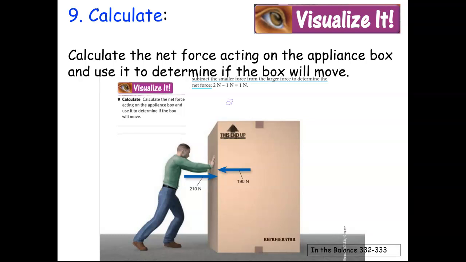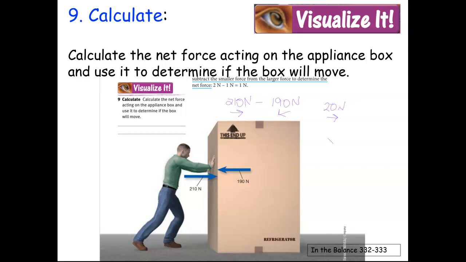And so we have 210 newtons to the right, minus 190 newtons to the left. And so that gives us a net force of 20 newtons to the right.